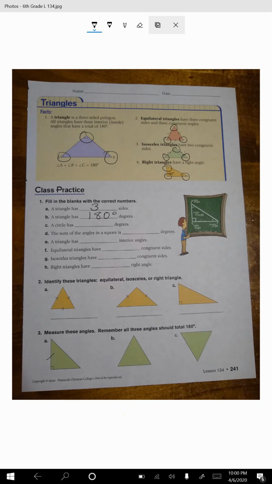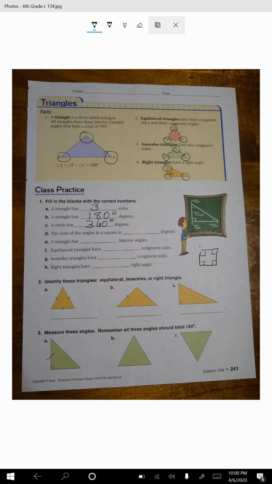A circle, on the other hand, how many degrees is in a circle? 360 degrees. The sum of the angles in a square is how many degrees? Well, let's think about it. We have a square. These are all right angles, right?